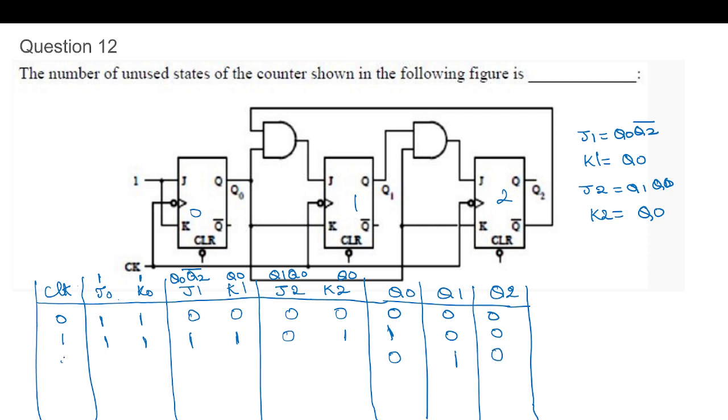Next clock. This is 1, 1. This is 0 and 0, 0. This is 0 and this is 1 and with 0. Again, this is also 0. So this will maintain and this will toggle.